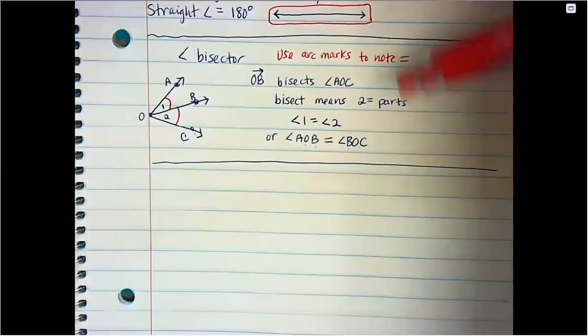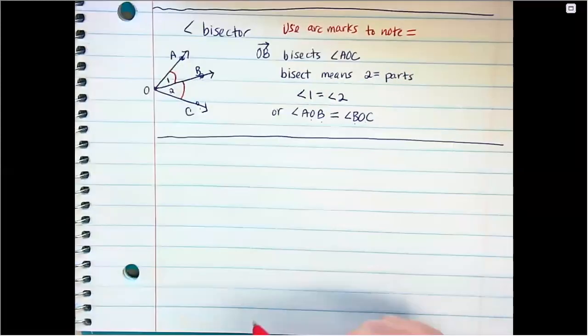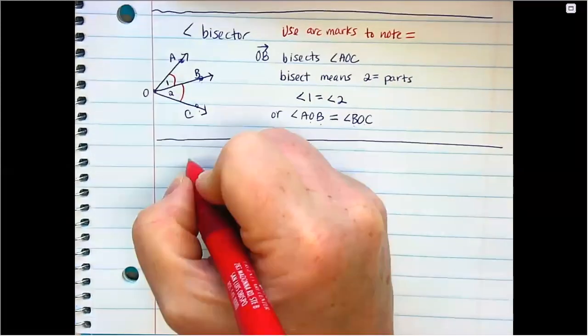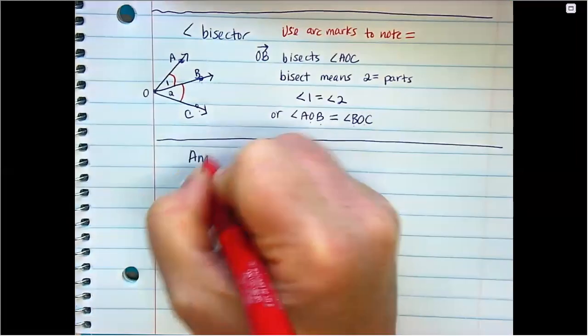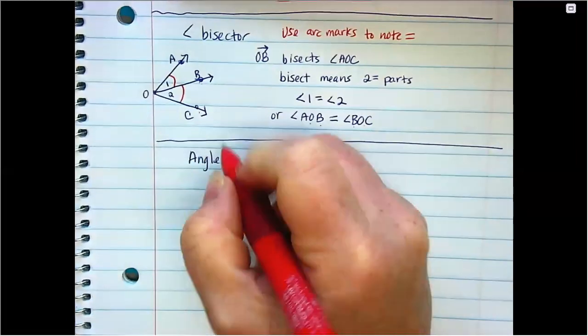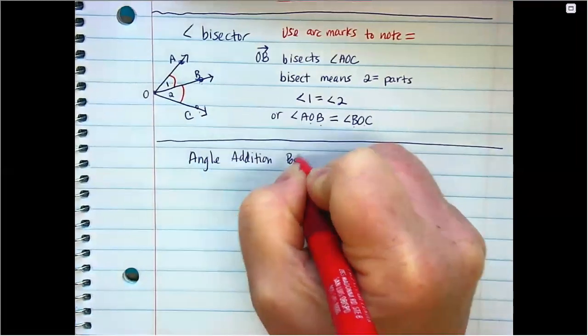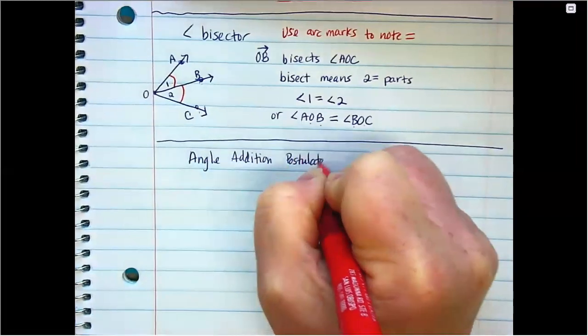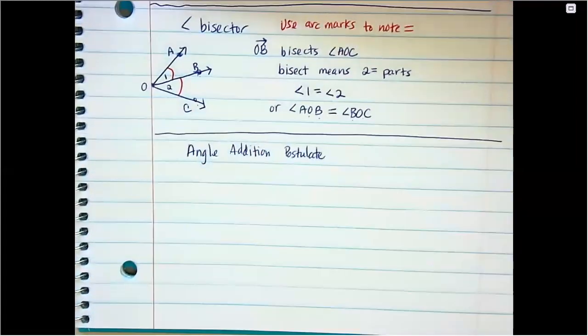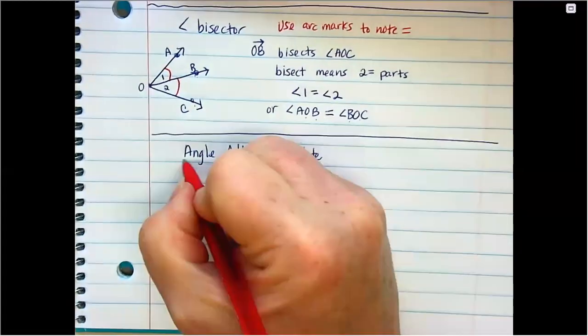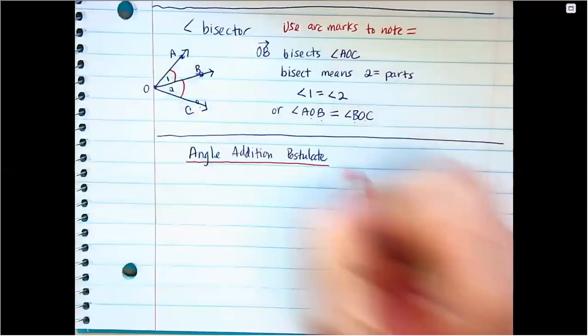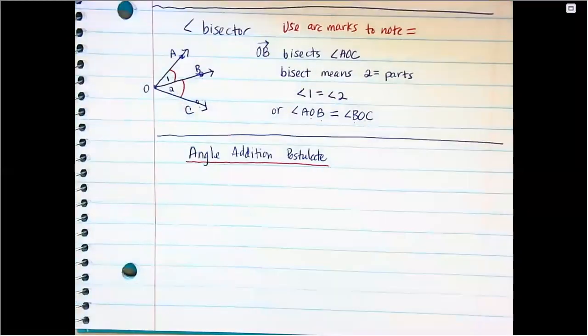Okay. So much like the segment addition postulate, we have a new postulate, and it's called angle addition postulate. And much like it says, we're going to be able to add angles together.